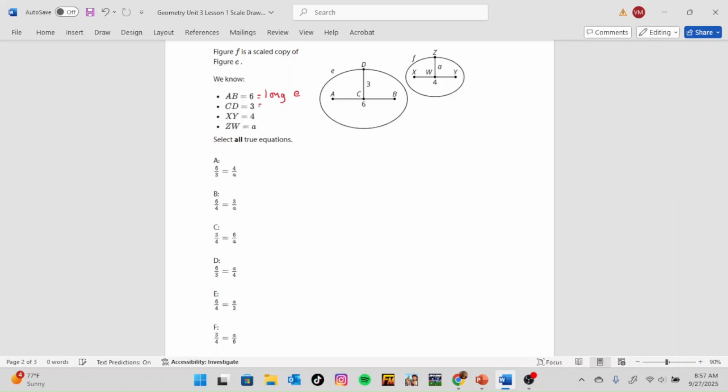So let's call CD short E. When it says that XY equals 4, that is the long horizontal line inside oval F. So let's call that long F. And ZW is the shorter vertical line inside F.